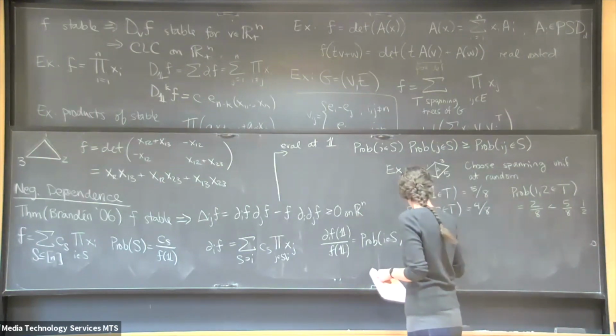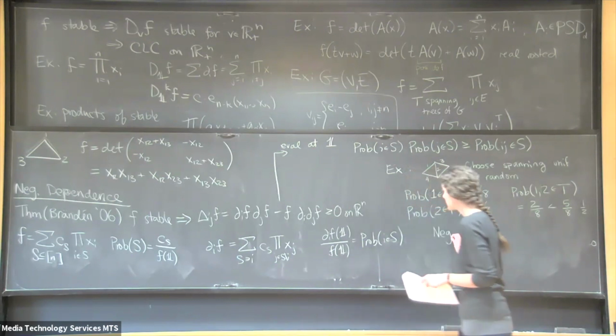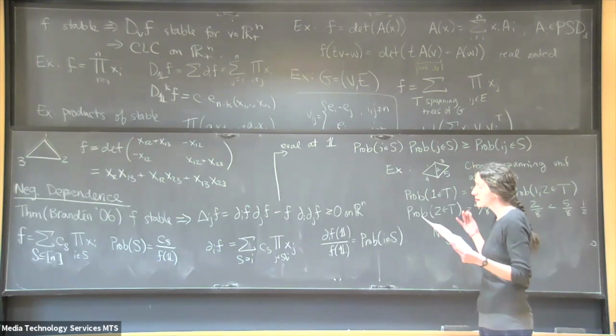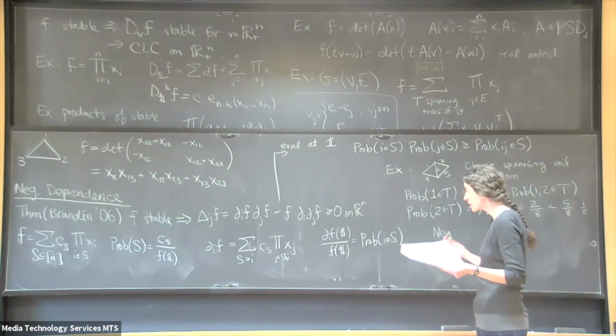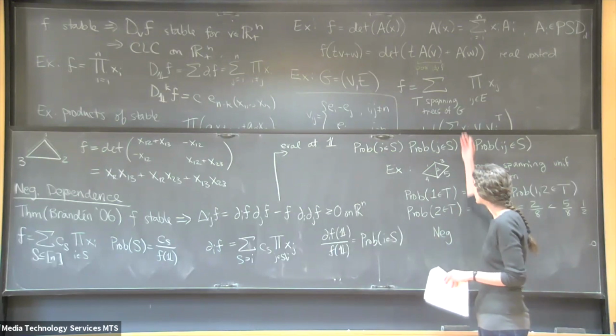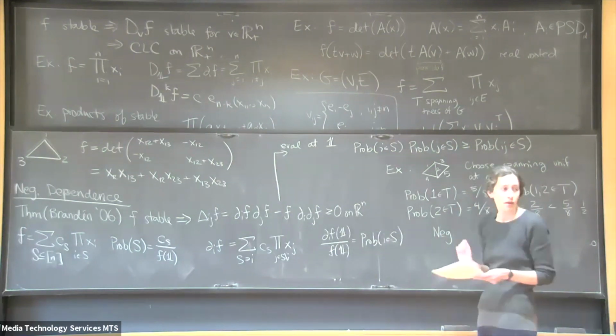And it turns out if you want to study distributions with this property and have certain closure properties, like conditioning on certain events, then stable polynomials are a very useful way of studying this.